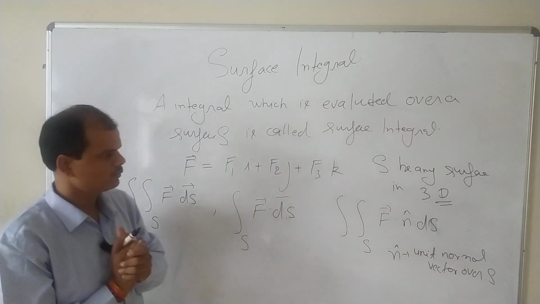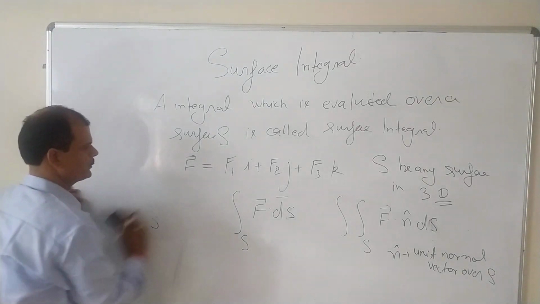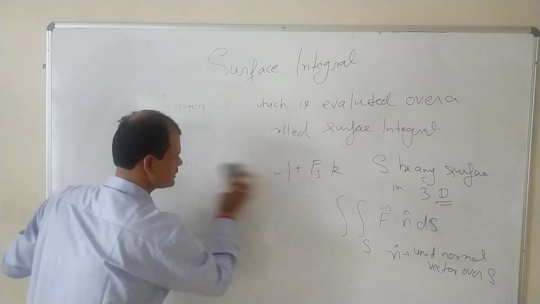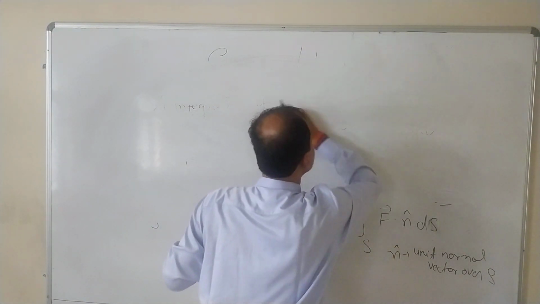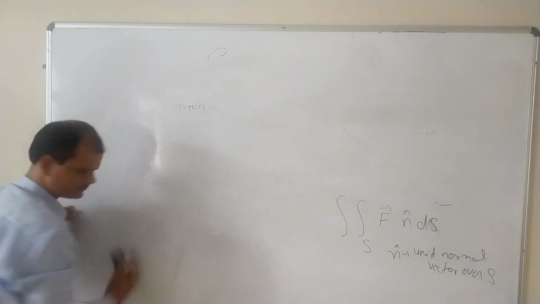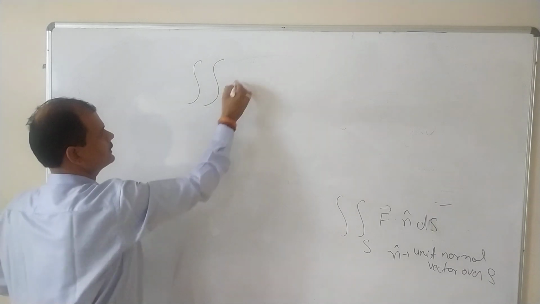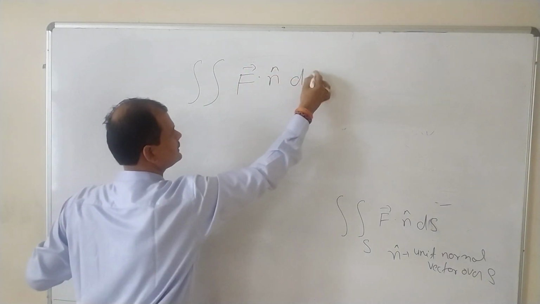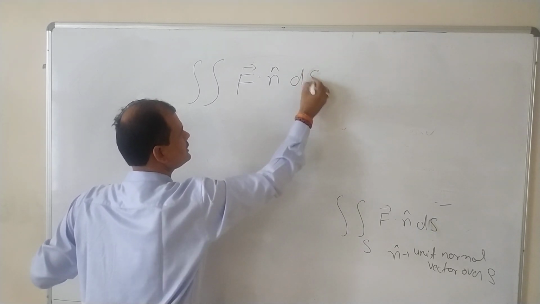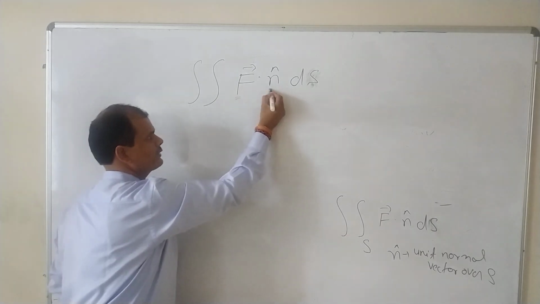Now let us see how to solve this integral. We have seen what the surface integral is. Now how will we solve it? We need to solve that double integration of F dot n dot dS. This F we know, F is the given vector, and n cap we can also find out.